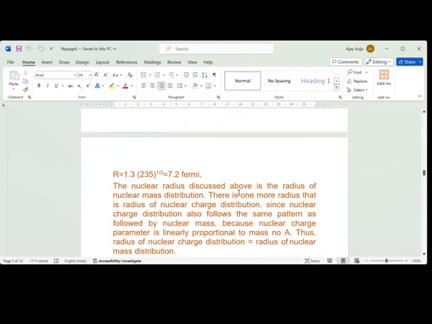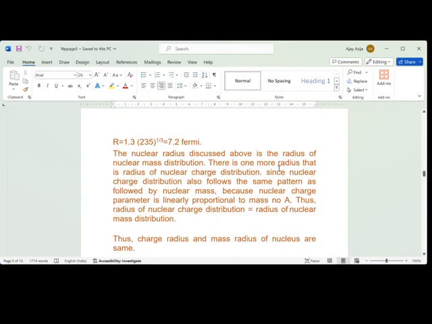The nuclear radius discussed above is the radius of the nuclear mass distribution. Radius of nuclear mass distribution means the radius of that sphere in which nuclear mass is distributed. There is one more radius, that is the radius of nuclear charge distribution, meaning the radius of that sphere in which nuclear charge is distributed.